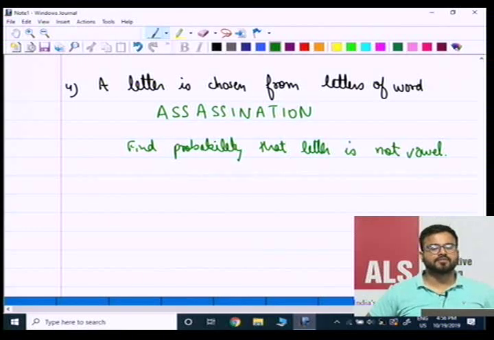A letter is chosen from the letters of the word assassination. Find the probability that the letter is not a vowel.